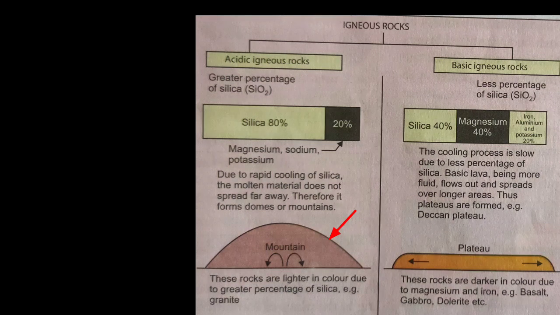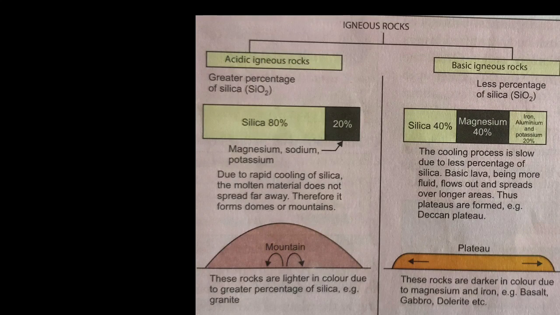Basically you can see the acidic igneous rocks form dome-shaped mountains because this lava solidifies very fast, due to which it forms a dome-shaped structure. Whereas in the case of basic lava, the lava flows for a longer distance, therefore it forms a plateau-like structure. The best example for this can be the Deccan Plateau.